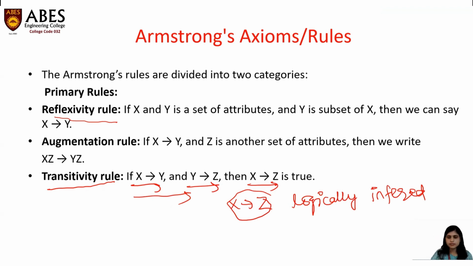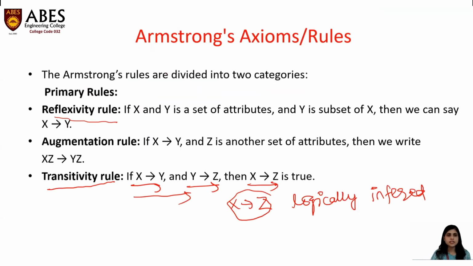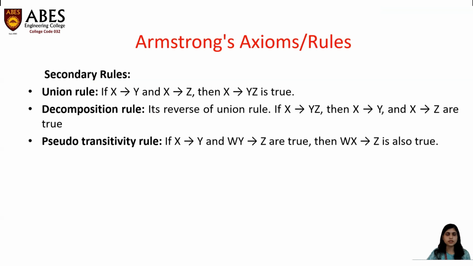Alright, now let's discuss the secondary rules. So these were the primary rules: reflexivity rule, augmentation rule, and transitivity rule. Now we are going to discuss the secondary rules. The first rule that comes under the category of secondary rules is the union rule.